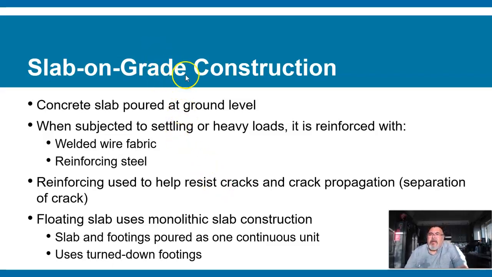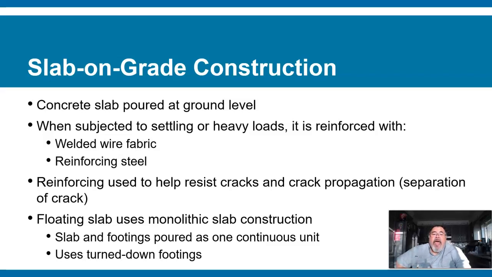Slab on grade construction. So that's when concrete is poured at ground level. When it's subjected to settling or heavy loads, it's reinforced with a wire fabric. When you say wire fabric, it's not cloth, it's a metal fabric made of wire that might be 4x4 squares or 8x8 squares or 3x6 rectangles.